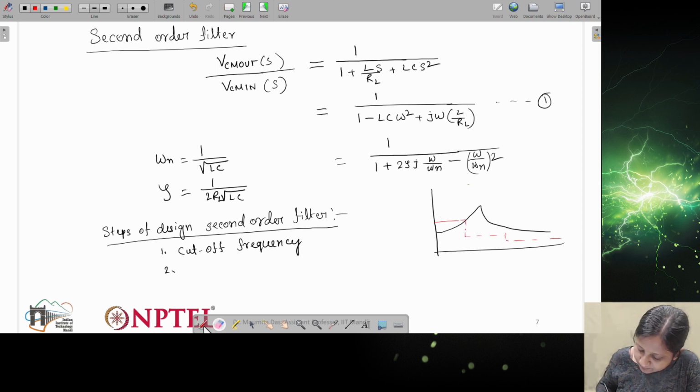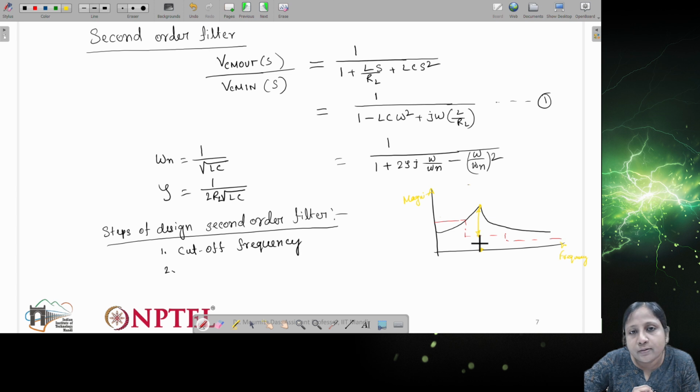Let's say this is the point where the attenuation is required. So we can find out the magnitude of the attenuation, because this is the magnitude and this is the frequency. Then this point will be your cutoff frequency point. Once you have the cutoff frequency, you can note it down. That may be, let's say, 15 kilohertz, 15 megahertz, anything it can be, right?